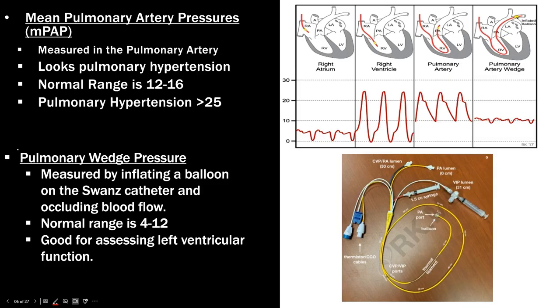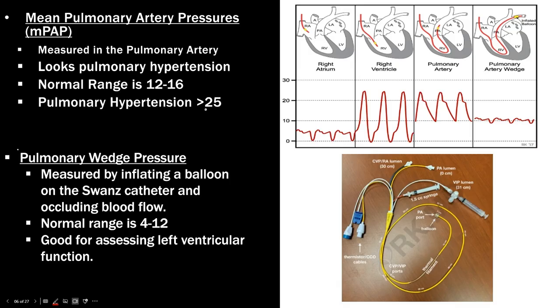So we have this pulmonary artery catheter that's measuring our PA pressures, and this is looking for pulmonary hypertension. The normal range is about 12 to 16. Considered in pulmonary hypertension when you're above 25.